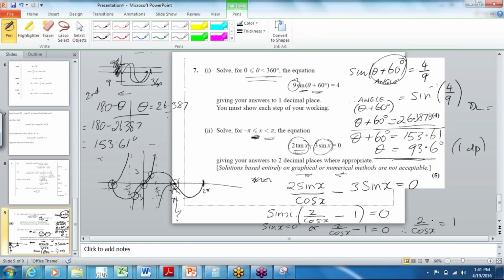Can't have a cos x equals 2. That's not possible. Hang on a minute.